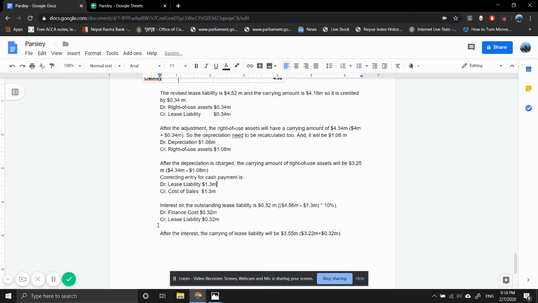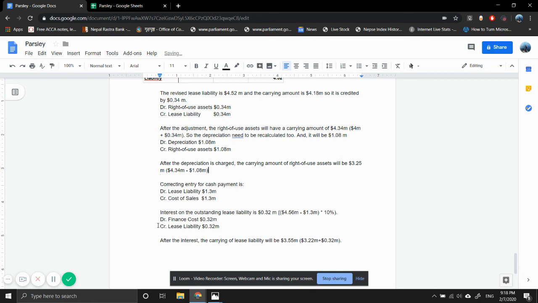If it was not advance payment, then it would be in different order. Because we are making the payment and then only we will calculate the interest on the remaining liability. Whereas if it would have been a payment which was in arrear, then we will basically charge the interest first and then only make the payment, right?